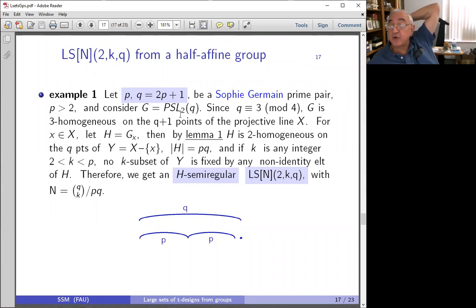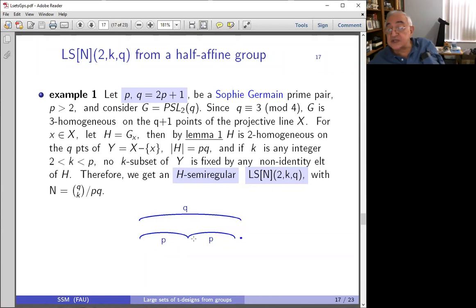Because that's the total number of points. And if K is any integer whatsoever between 2 and P, no K subset of Y is fixed by any non-identity element. Therefore, we get an H semi-regular large set LSN 2KQ with N equals Q choose K divided by PQ. Now look at the picture here. How can you have a K if K is between 2 and P?